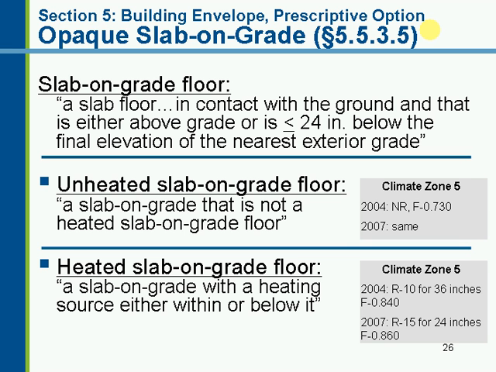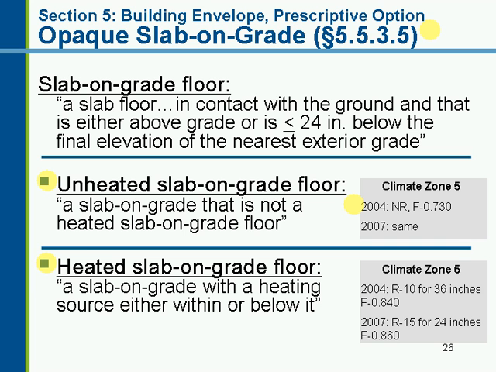But if it's higher than that, two types: unheated slab and heated slab. The difference between these two is a heated slab has heating elements within the slab. So this does not refer to whether there is heating in the space. This refers to whether there is heating in the slab itself. For the unheated slab, there are no insulation requirements for Climate Zone 5. There are some for colder climates.